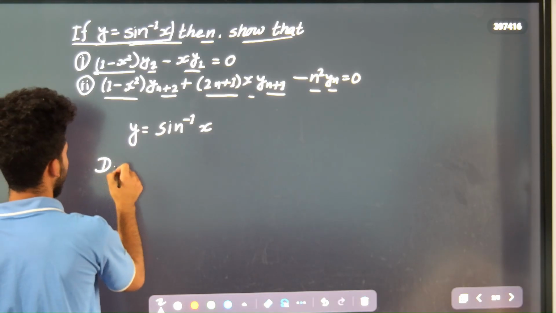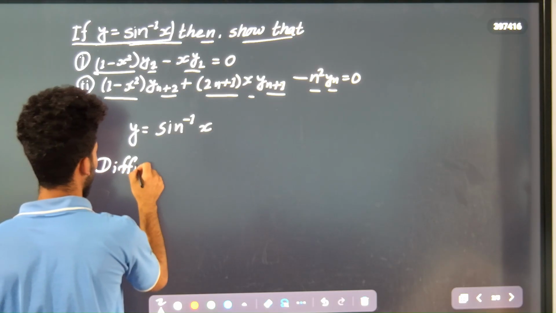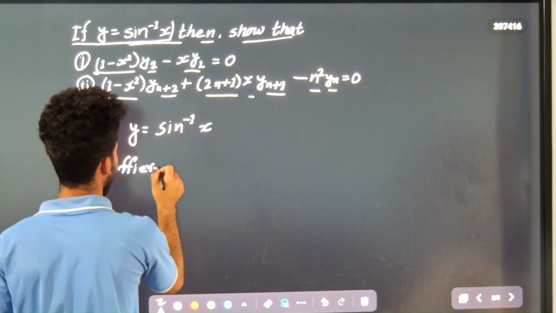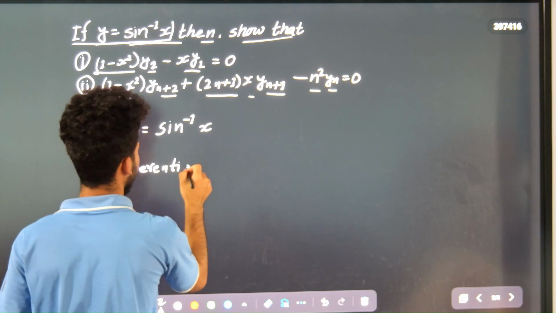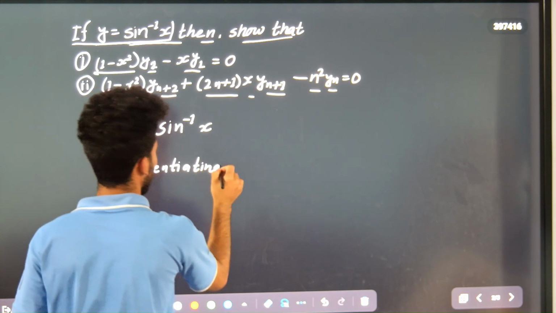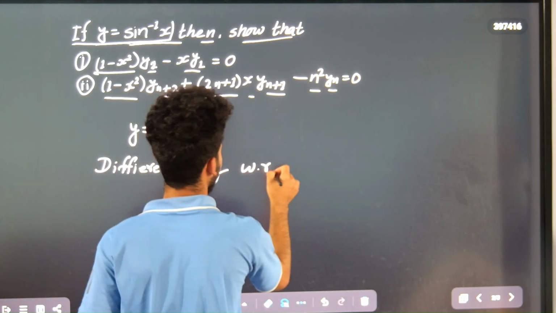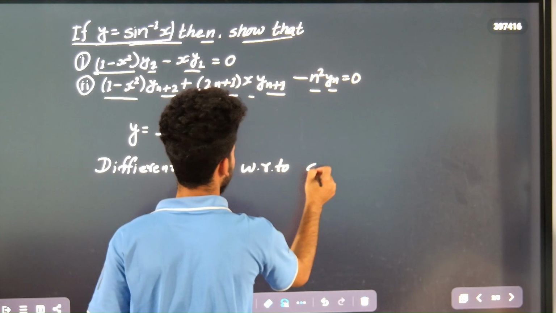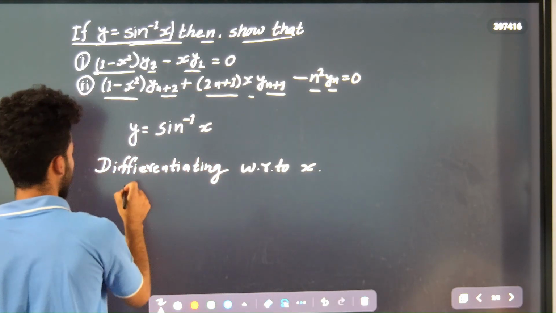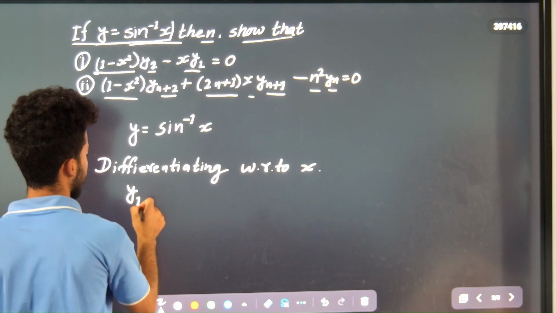So differentiating with respect to x, y1.